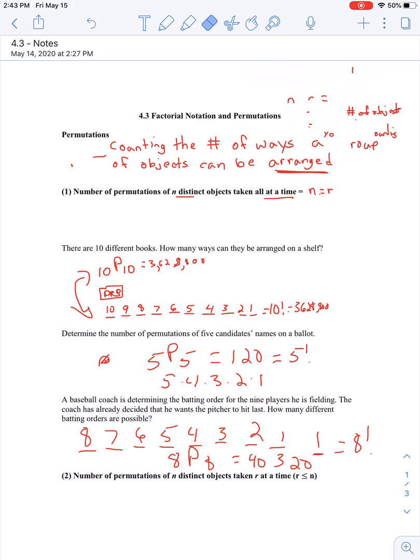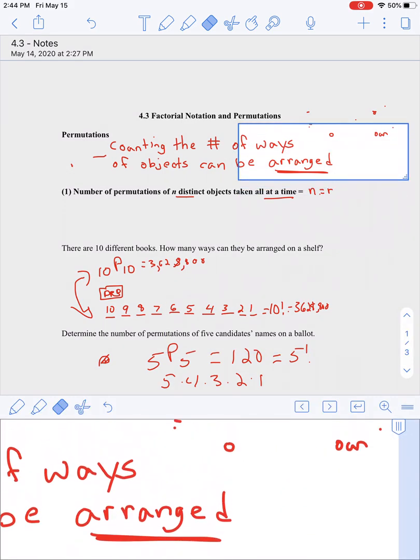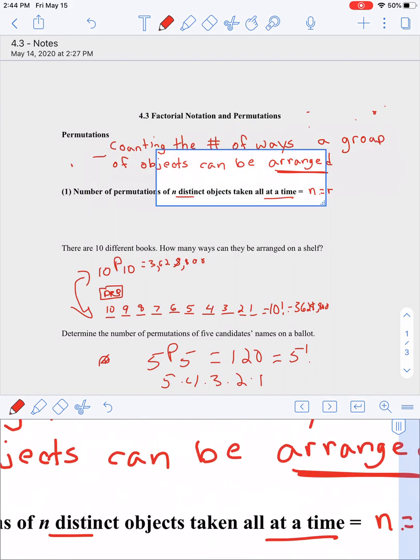So basically what a permutation is, is counting the number of ways a group of objects can be arranged.